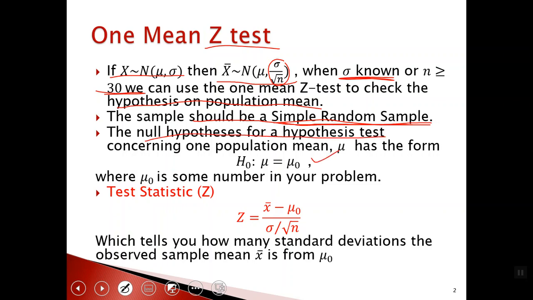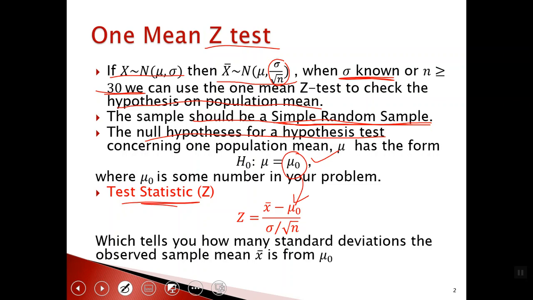Yes, it's true. It is H naught, mu equals mu naught, some kind of value. Then we need to calculate our test statistic Z. How do we calculate that? Z equals x bar, this is our sample mean, minus mu naught. What is this mu naught? The mu naught they have given.